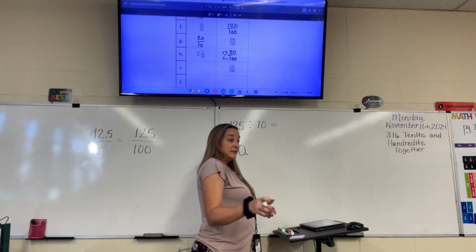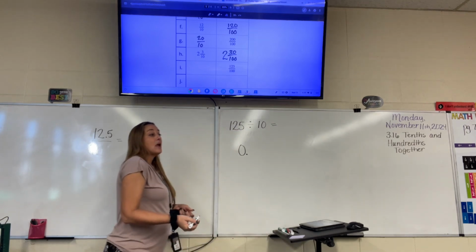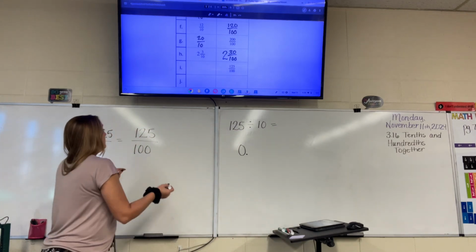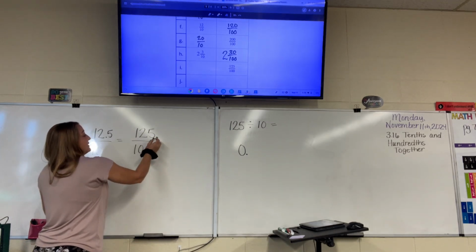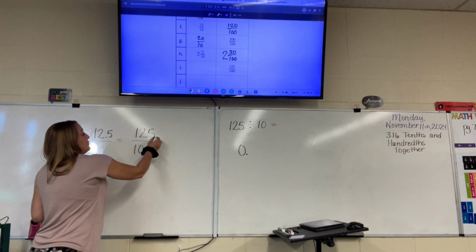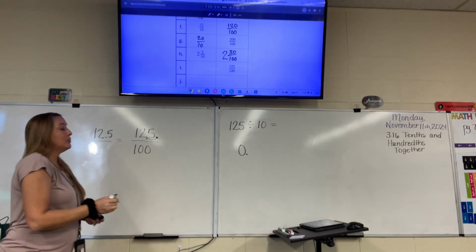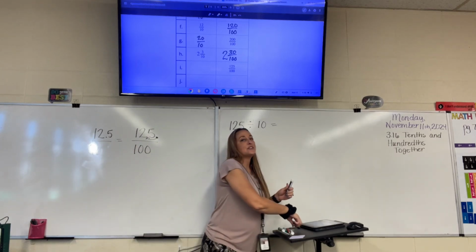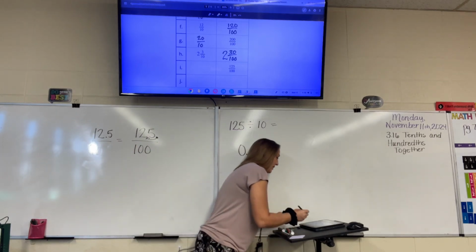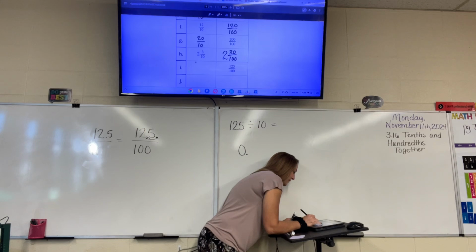Every number, sit up please. Every number, including 125, has an invisible decimal point behind it. So, when you divide by 10, it's the same thing as moving that decimal point one place. And we'll get into that a lot more later. But this is what I want you to write down for now. 12.5 tenths.